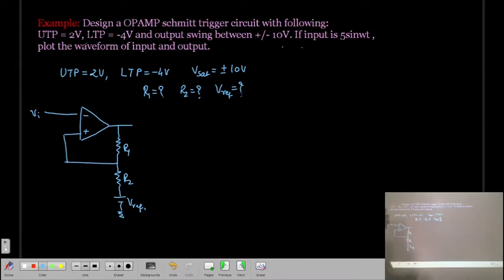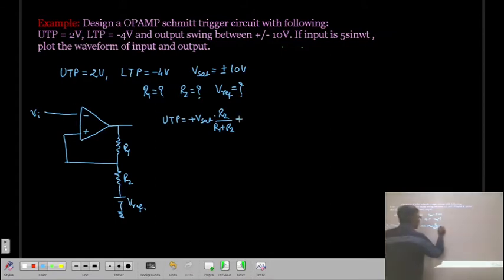So here the UTP is given by plus V saturation into R2 divided by R1 plus R2 plus V reference into R1 divided by R1 plus R2.